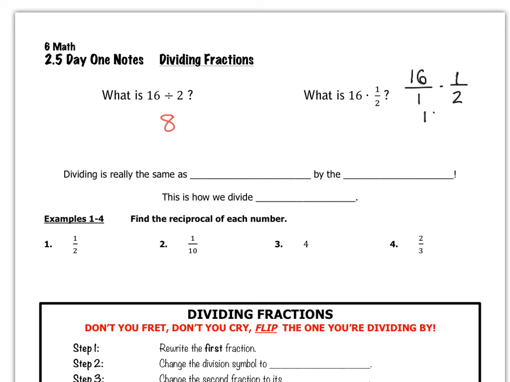So we get 16 times 1 over 1 times 2, and we can cancel our 16 and our 2 to get a 1 and an 8. So we get 8 times 1, which is 8, over 1 times 1, which is 1, and 8 over 1 is, of course, just 8. So we get the same answer when we divide 16 by 2 and when we multiply 16 times 1/2.